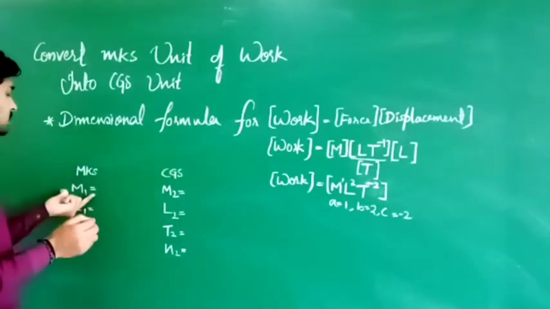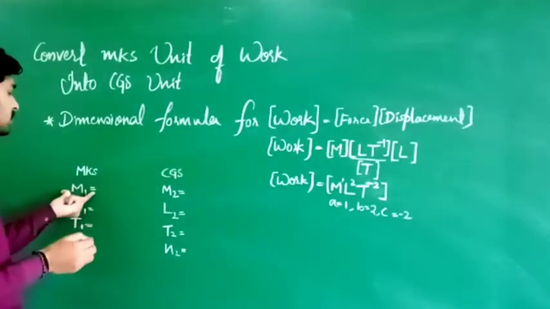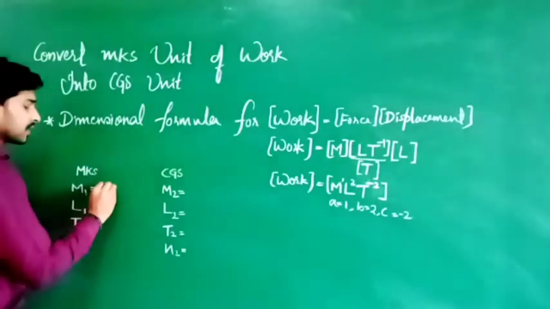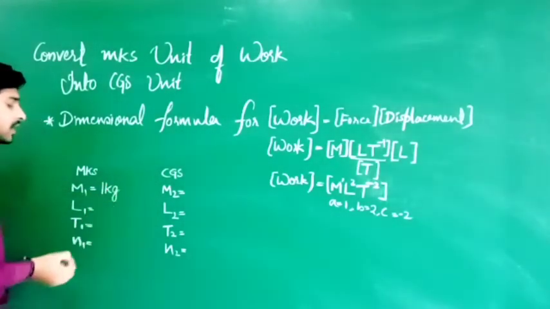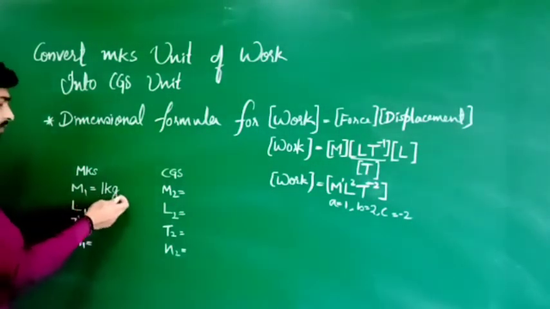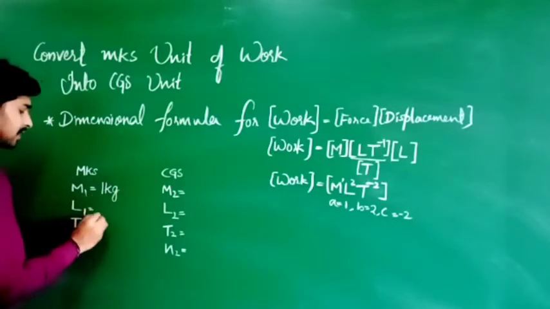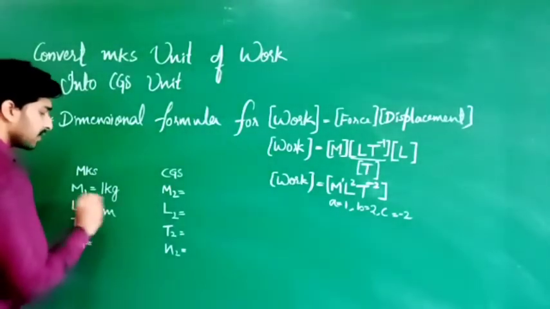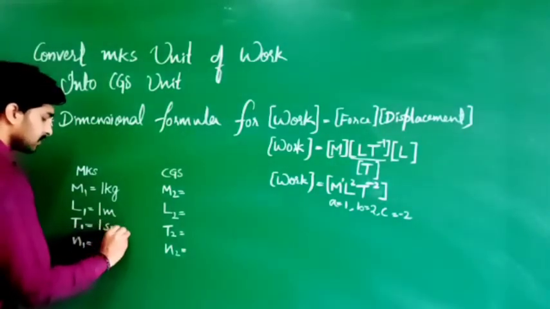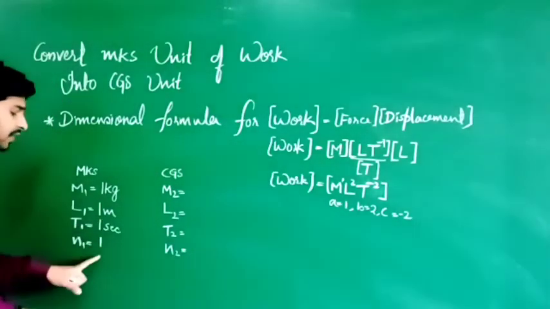So the mass unit in terms of the MKS system, what is that? Kilogram, correct? The SI unit for mass in the MKS system is nothing but kilogram. Next, length value is 1 meter, correct? Time value is 1 second. N1 value we will choose as 1.